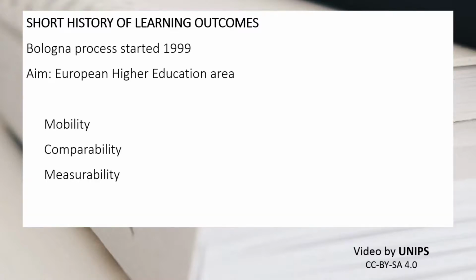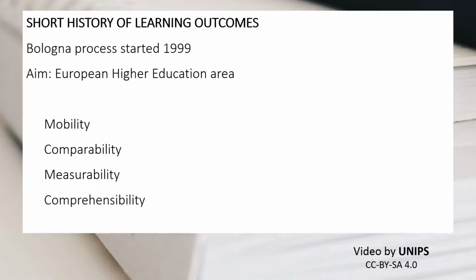In addition to being comparable and measurable, there was a requirement for education to be comprehensible, meaning that the students, teachers, and working life could understand what the students had studied and, more importantly, what they had learned. In other words, with competencies they possess after education.